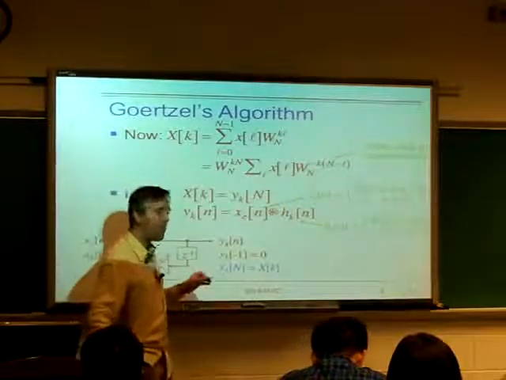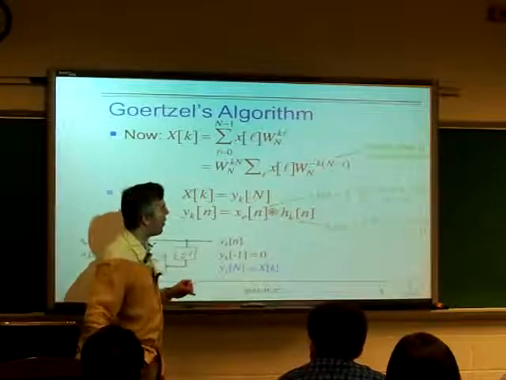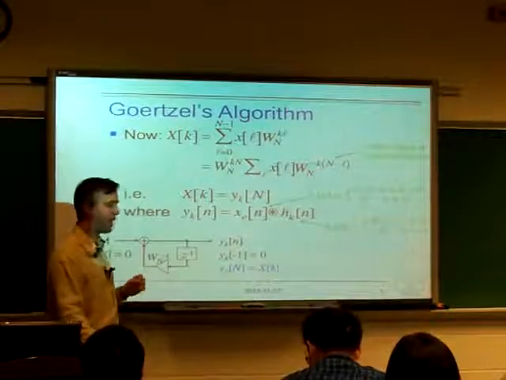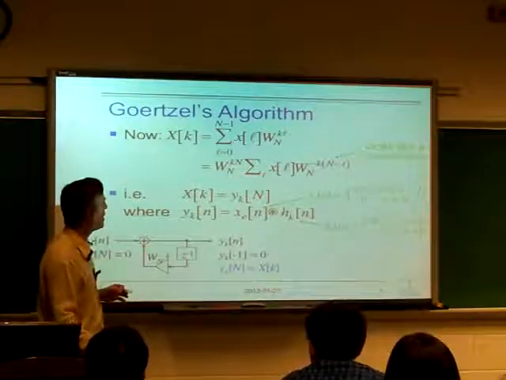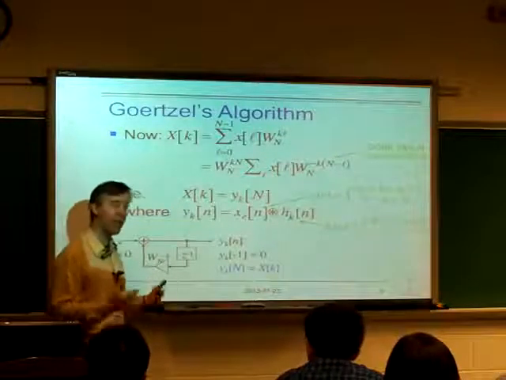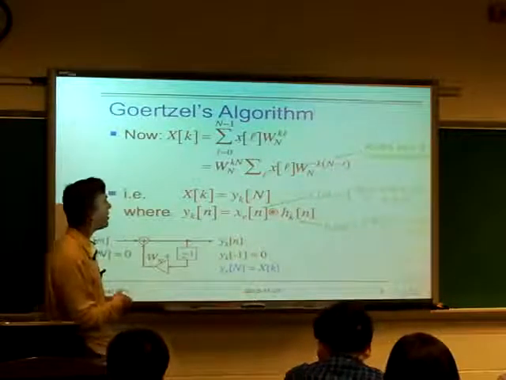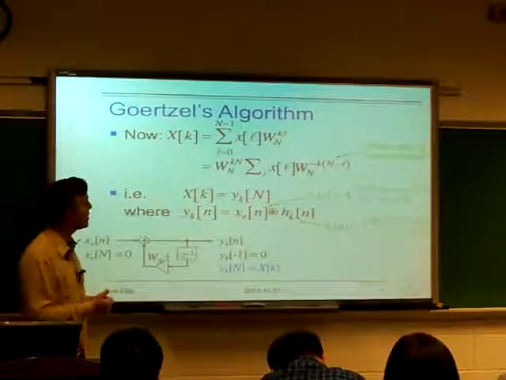Well, before we get on to the FFT, we're going to look at one other slight simplification. This is not of tremendous practical importance, but it's kind of interesting just to show you the kind of tricks you can pull to try and reduce computation.